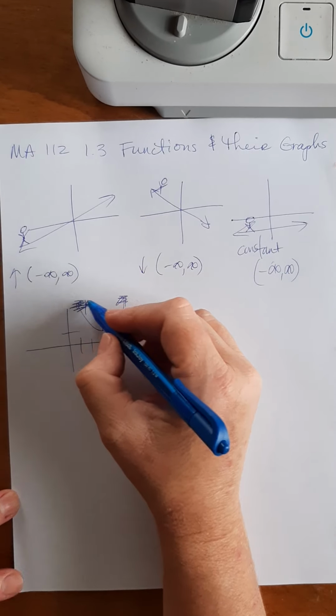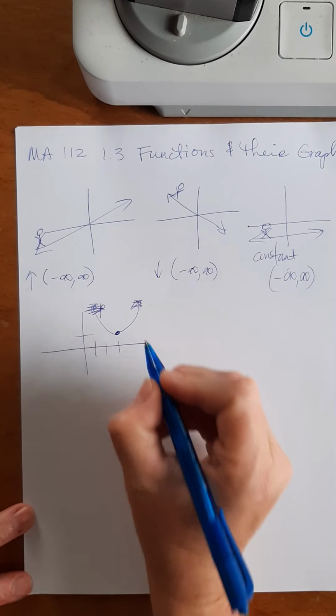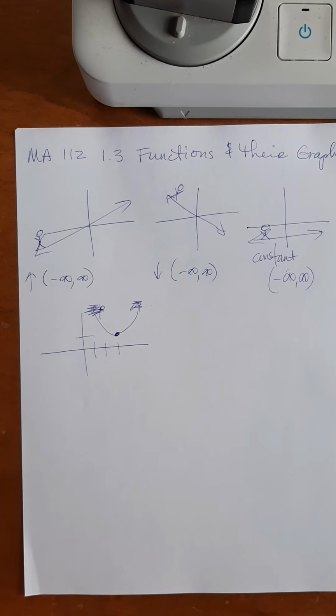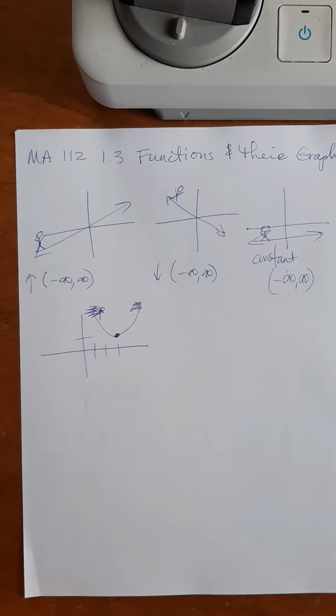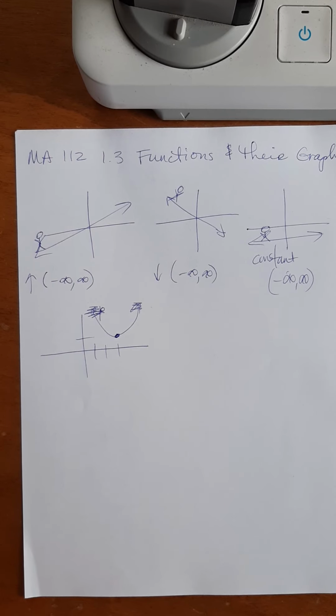Notice how he's going downhill until you get to this spot. And your answer will always be the x-axis, never ever the y. When you're doing your intervals, you're always going to do them on the x-axis.